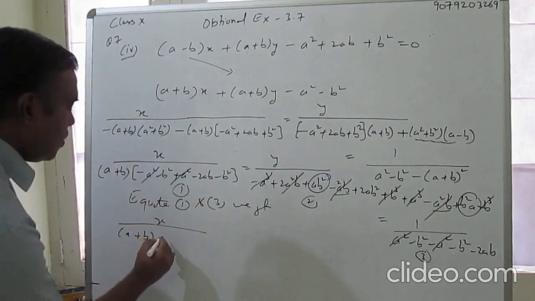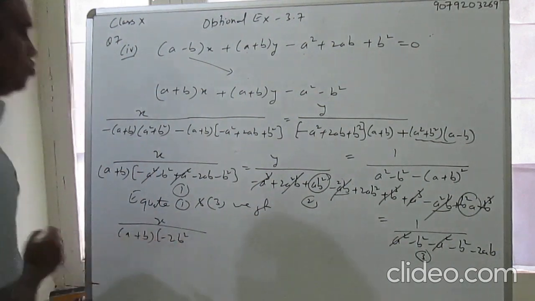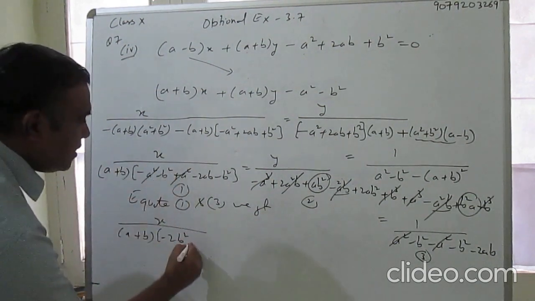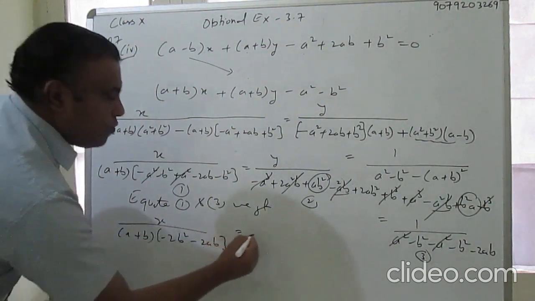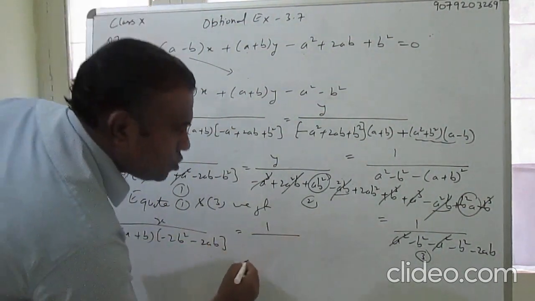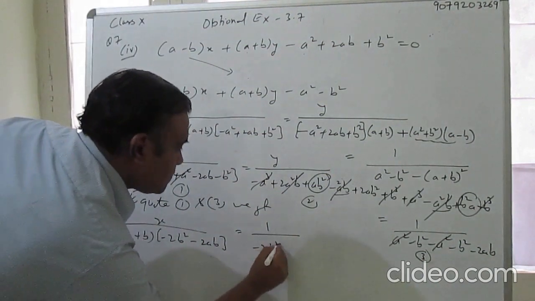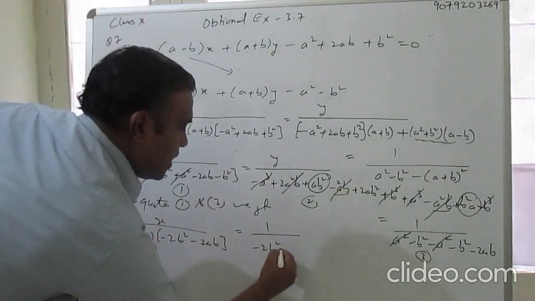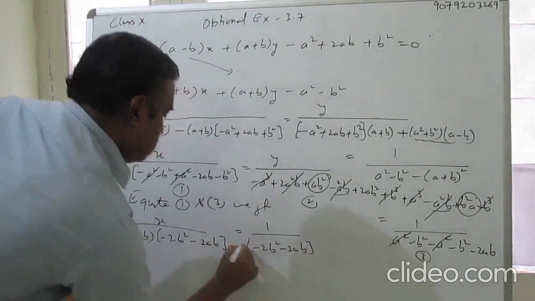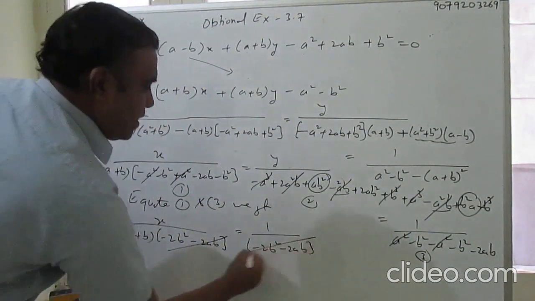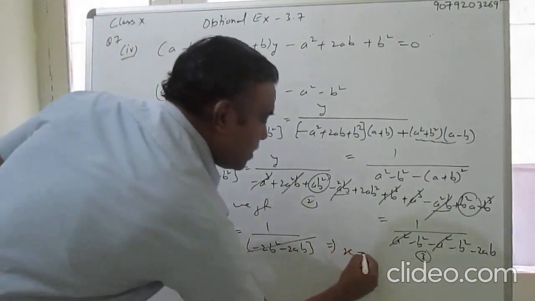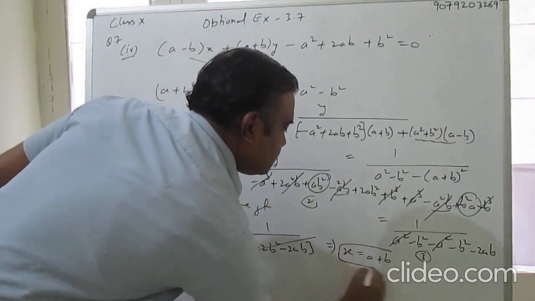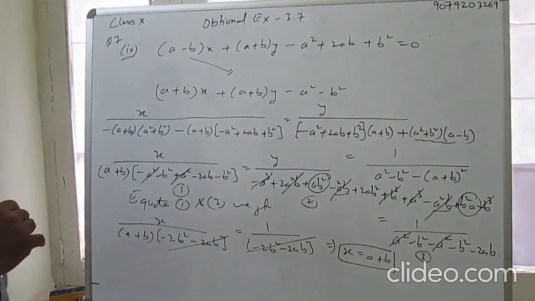Minus 2b square, minus 2b square minus 2ab is equal to 1 upon minus 2b square, minus 2b square minus 2ab. You see that this bracket and this bracket are cancelled out, and x you will get by cross multiplication: a plus b.